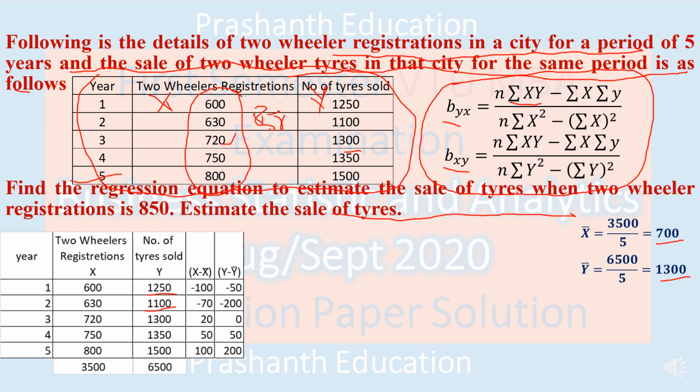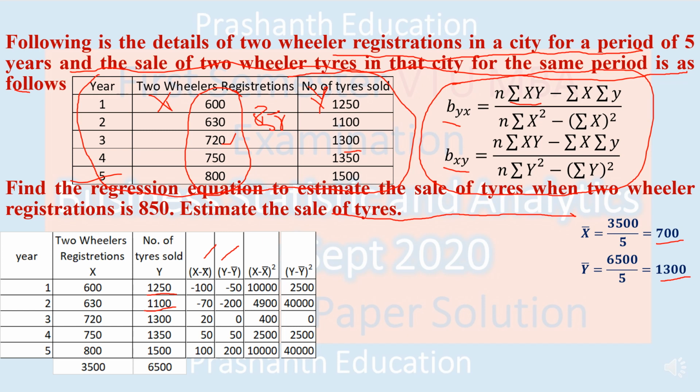Now I will calculate the square, and then I will multiply x minus x bar into y minus y bar. Minus into minus becomes plus. So 5000 minus into minus plus, 2 sevens are 14,000. 20 into 0 is 0, 50 into 50 is 2500, 100 into 200 is 20,000. Like that we have calculated.